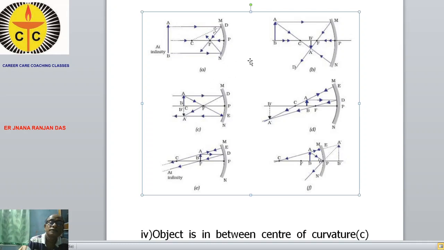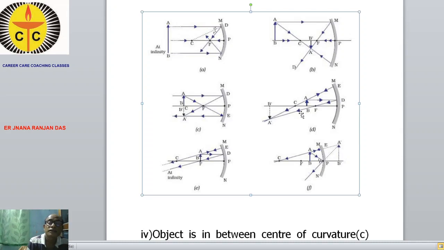In this case the image formed is real. The image is inverted, and the image is the same size. The image distance and object distance are the same, and it is an inverted and real image.